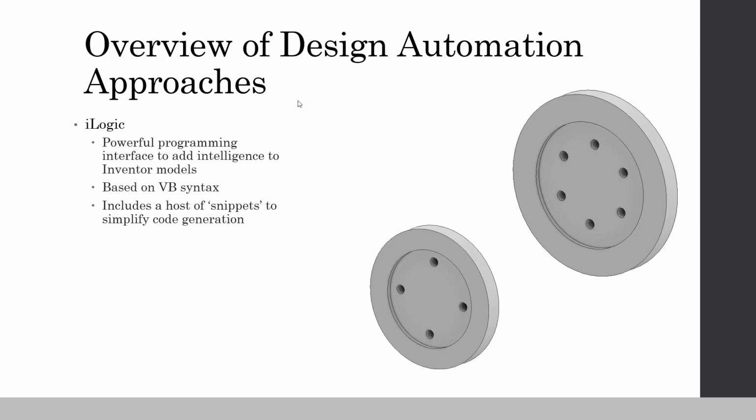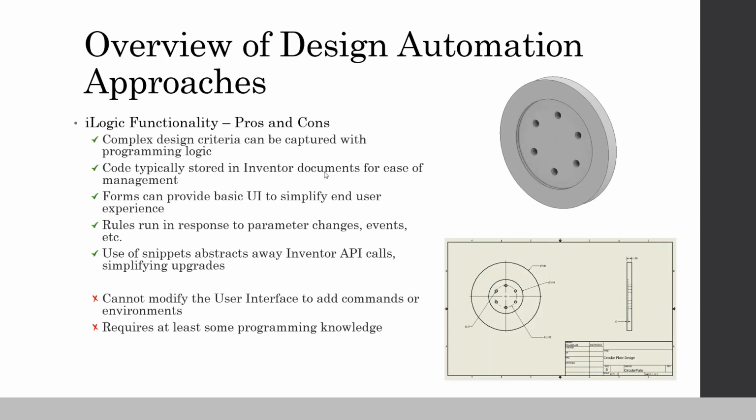So there's code involved, right, which is a step up for most people, I would say. But iLogic also provides what are called snippets, and then there are some specific iLogic commands that abstract away the actual Inventor API so that it's much easier to use. You don't have to have anything compiled, right?